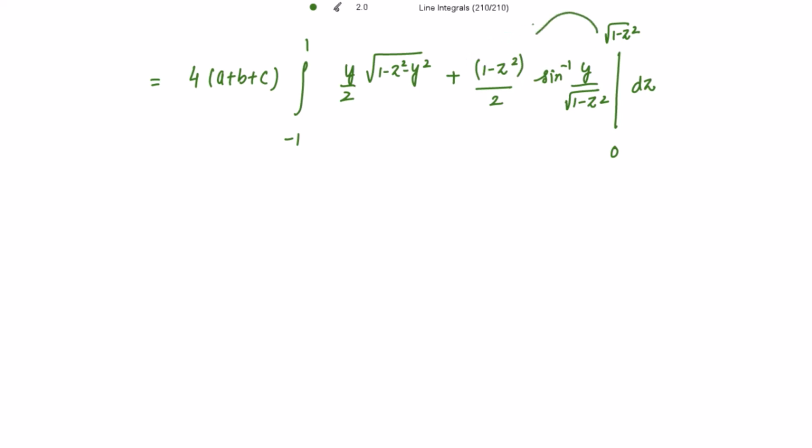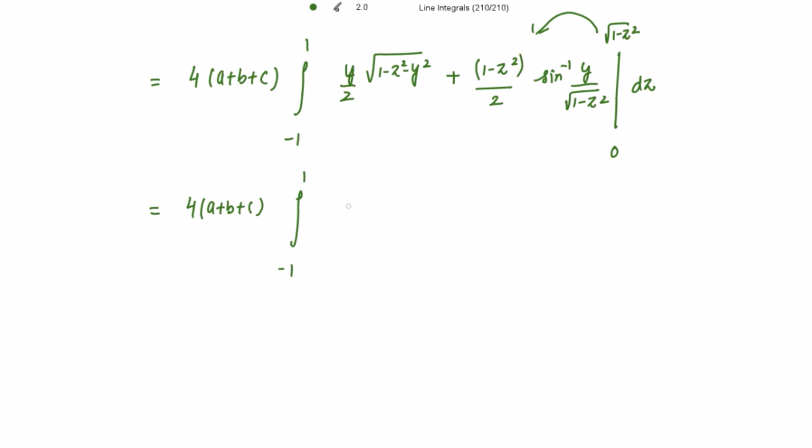When we put the upper limit, we get this term to be equal to 0, and this term becomes sin⁻¹ 1, that is π/2. So this is 4 times (a + b + c), integral from −1 to 1.